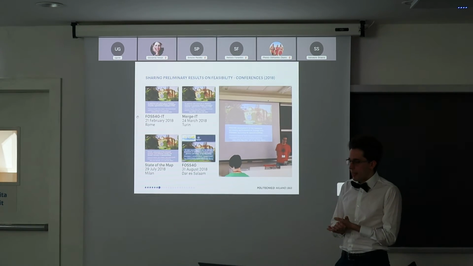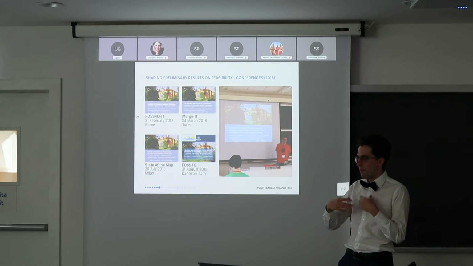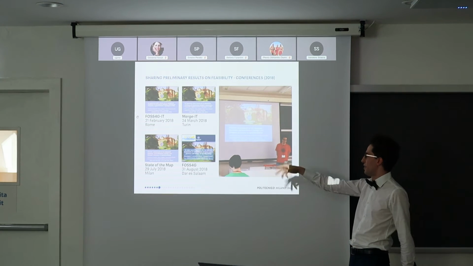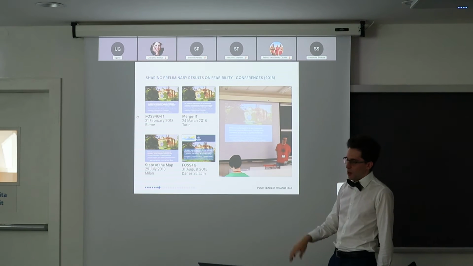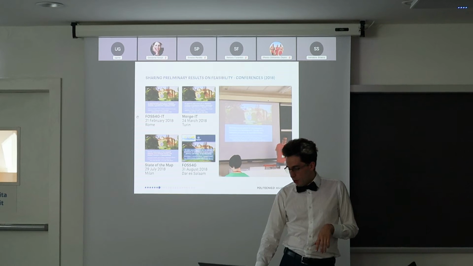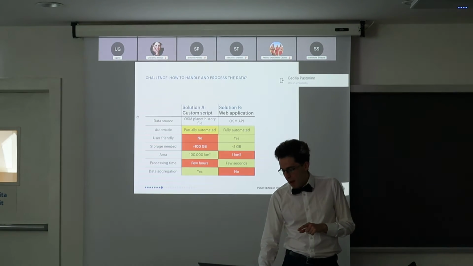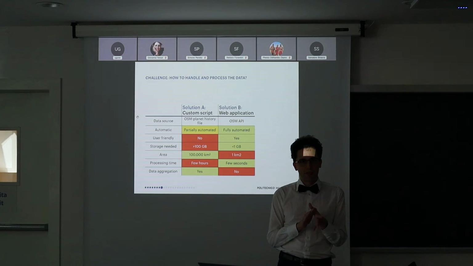So in 2018, I shared some preliminary results on feasibility at different national and international conferences. And what I produced, I took 7 different indexes, but I explored 2 paths actually.